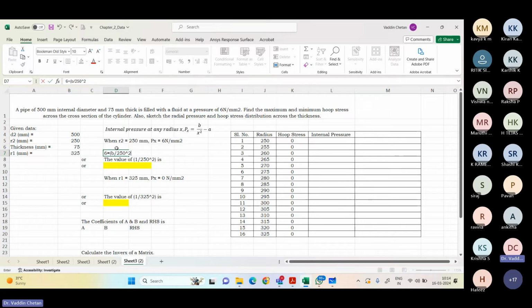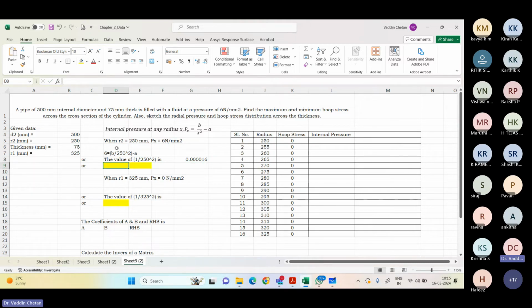B by R square minus A. Here, B by R square means I need to calculate 1 by 250 square. So the value of 1 by 250 square, 1 divided by 250 power 2, I am using the exponential function, and I got this value.